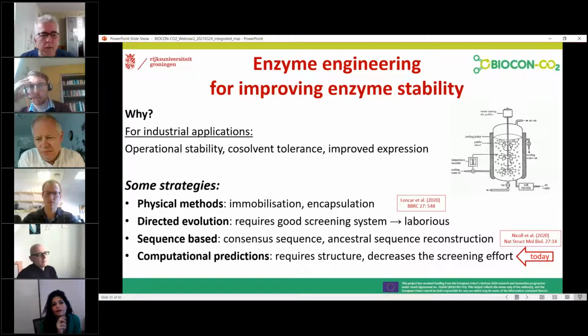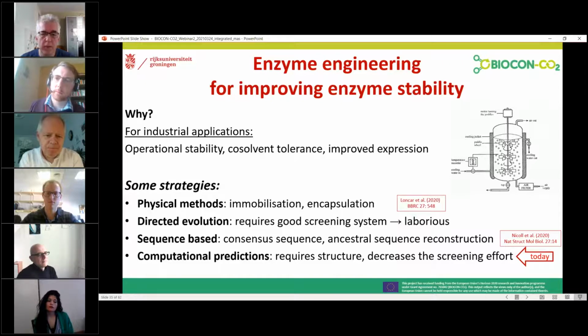I would say the last two strategies here on this slide seem to be very promising. They have achieved quite some good results in the last few years. The first one is the sequence-based approaches, where nowadays you can use sequence information, so not even structure information, but just based on a protein sequence.